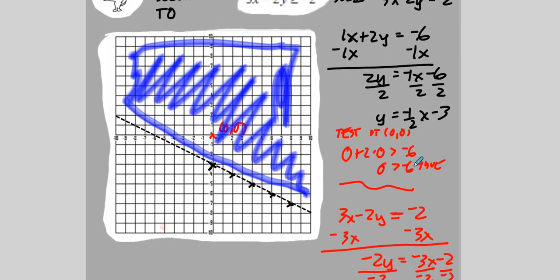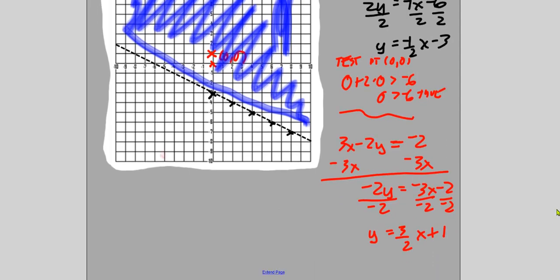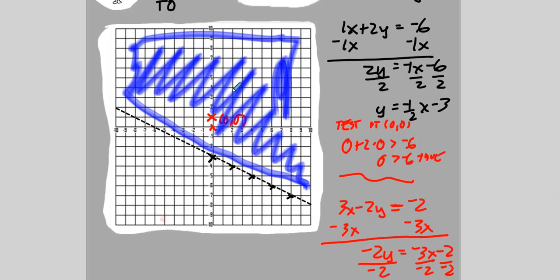So we have a y-intercept at 1 right there, and we have a slope of 3/2. So we go over 2, up 3. Over 2, up 3, over 2, up 3.